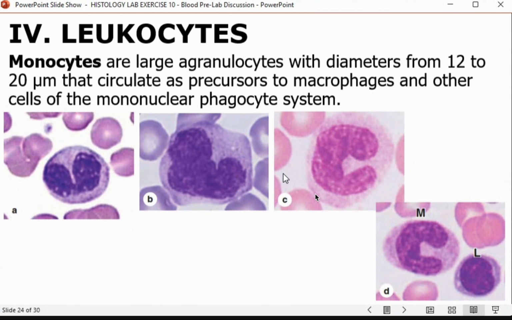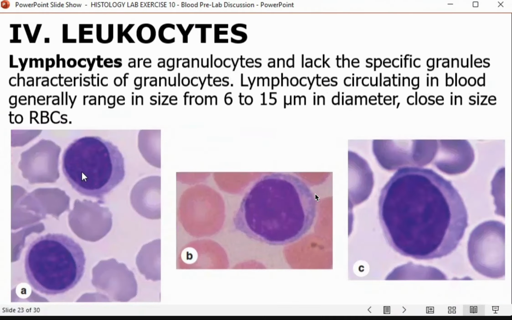Your monocytes, however, they are much larger. As you can see here, there's an erythrocyte and here's a monocyte. You could say it's 2 to 3 times larger than an erythrocyte. And it's part of the mononuclear phagocyte system. Another key thing about your monocytes is they can also have this circular shape na nucleus.